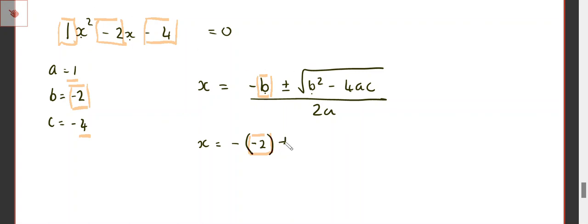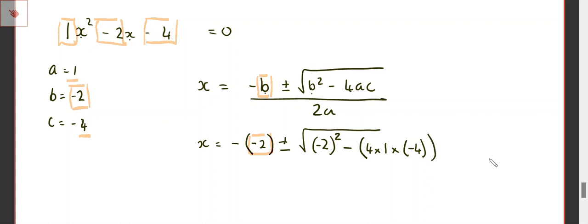Same way: plus and minus the square root of minus 2 squared. Now that's important, because minus 2 squared is actually positive 4, not minus. That's where negatives matter. Minus brackets 4 times 1 times c is negative 4.